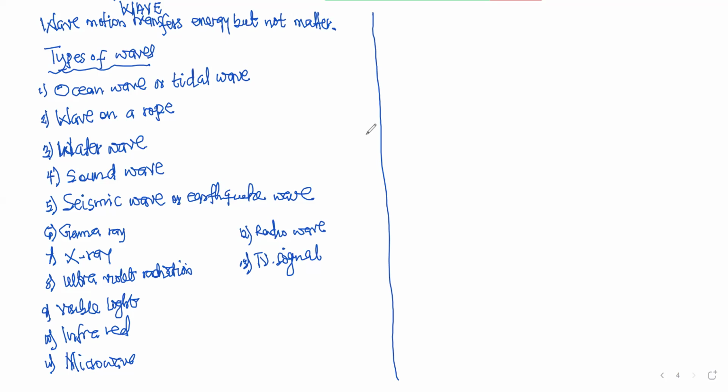Okay. So these are the various examples or types of waves.